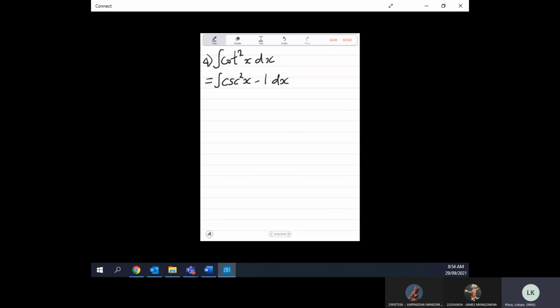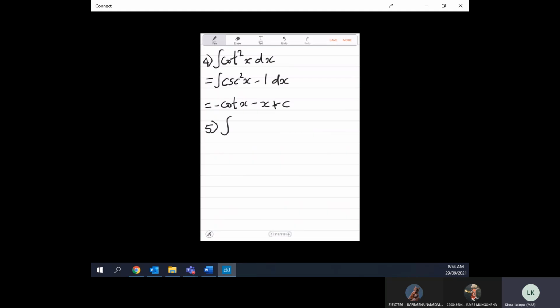And then these are just terms we can easily integrate. The integral of cosec squared is negative cot. So this is negative cot x, and then negative x plus c. Okay, that one is fairly simple.